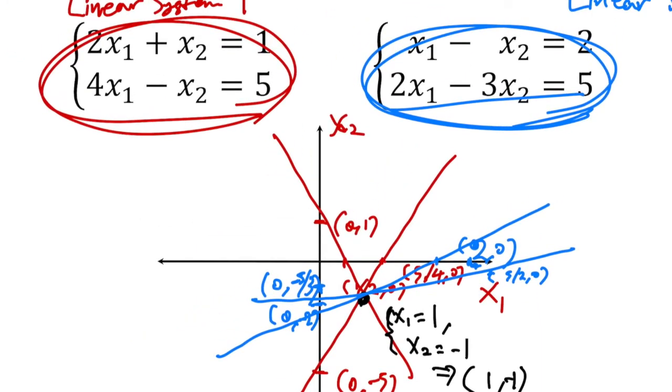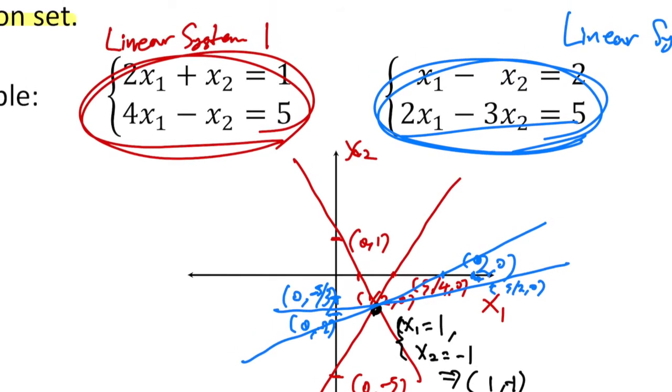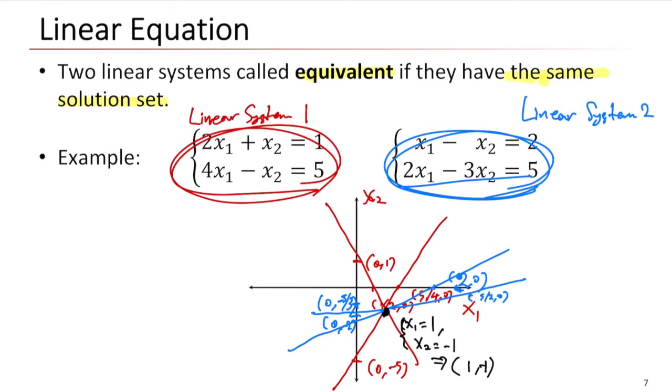So in this case, these 4 lines meet at a single point. It means that these two linear systems have the same solution set.